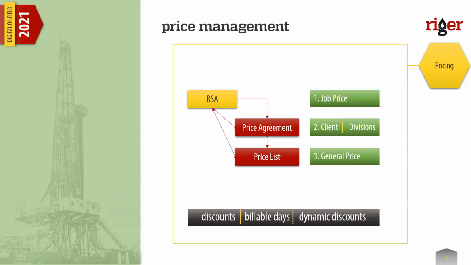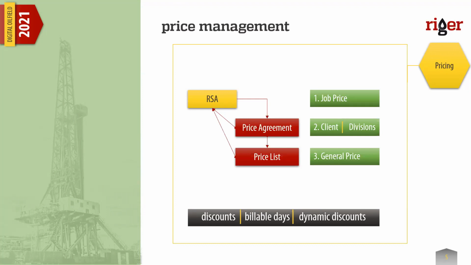So you just build the price agreement and enter all the prices for this specific customer, and you specify the customer itself, and then you fix these prices for a period of time, and all the prices will be used automatically for all the jobs generated for this period of time from the price agreement. The price agreement and price list can be customer specific and division specific. I'll talk a little bit about divisions later.